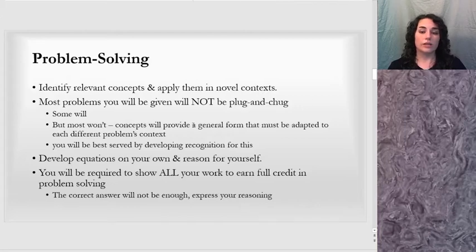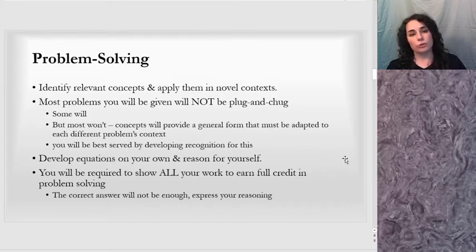Concepts will provide a general form of an equation that must be adapted to each different problem's context. You will best serve yourself by developing a recognition of this: it's not just pick an equation, but develop one based on each individual problem. So you're going to develop equations on your own and reason for yourself.